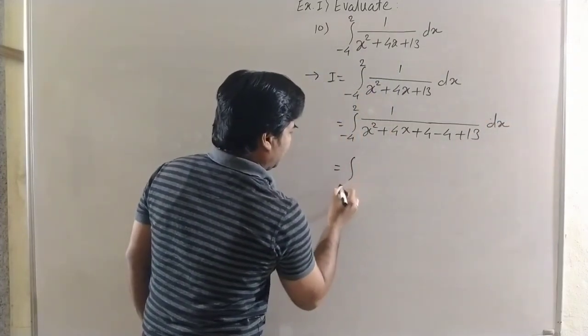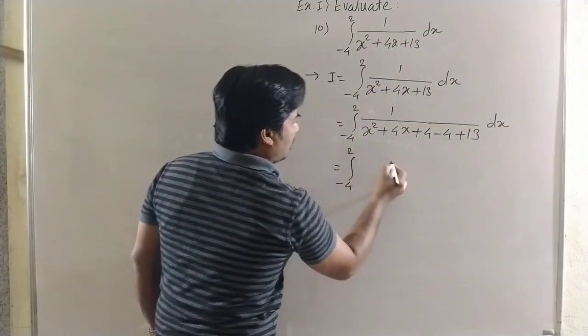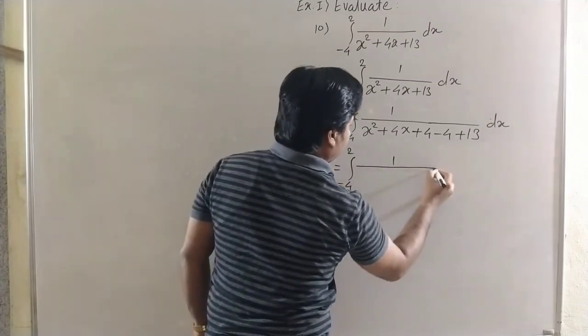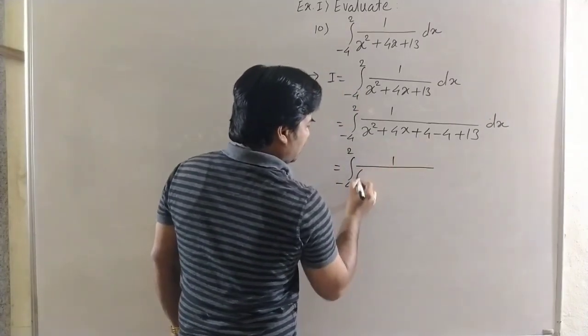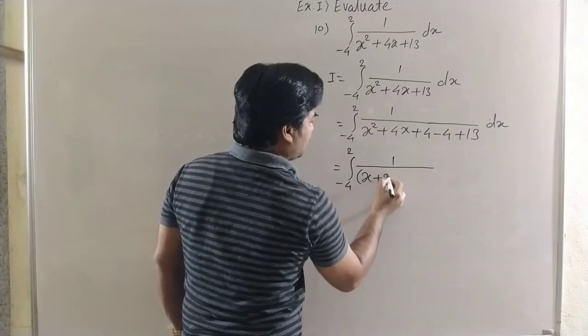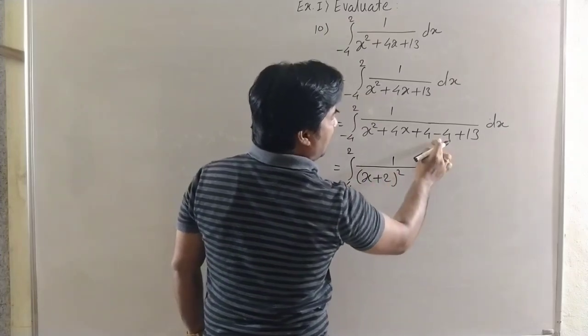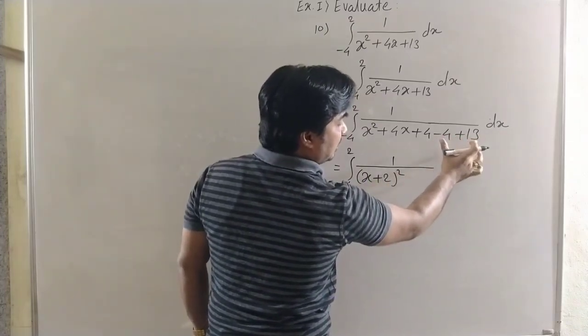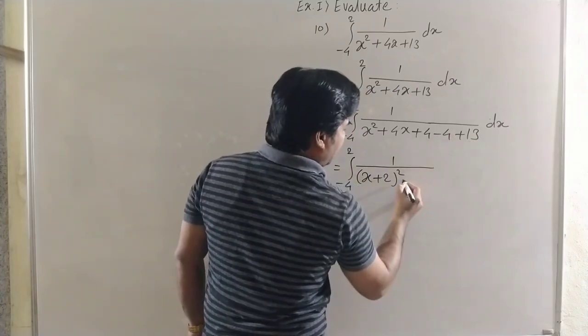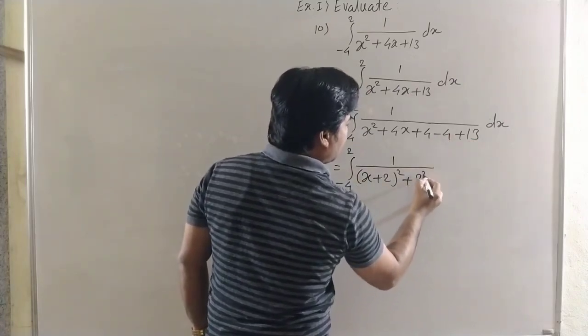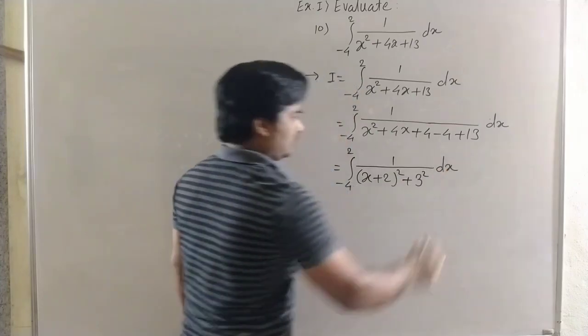Then integral from minus 4 to 2 of 1 upon, first three terms are the complete square, that is x plus 2 whole square. And here minus 4 plus 13, it is plus 9. So we can directly write it as plus 3 square dx. Okay.